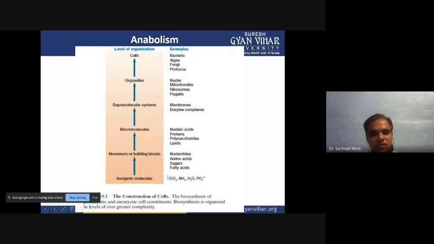These inorganic molecules are the basic molecules, and through them nucleotides, amino acids, and sugars are formed, and ultimately nucleic acid, protein, and polysaccharide are formed, and combined they will form the membrane and various types of cellular organelles and enzyme complexes, and complex cellular organelles like nucleus, mitochondria, ribosome, flagella, chloroplast. And combined, these cellular organelles are part of the bacteria, algae, and all.